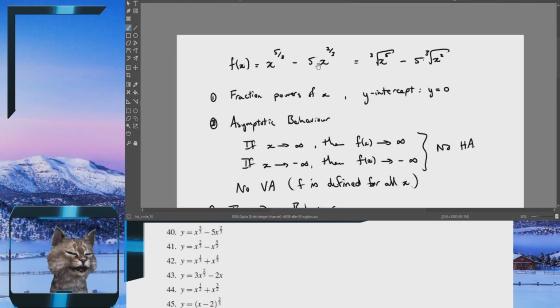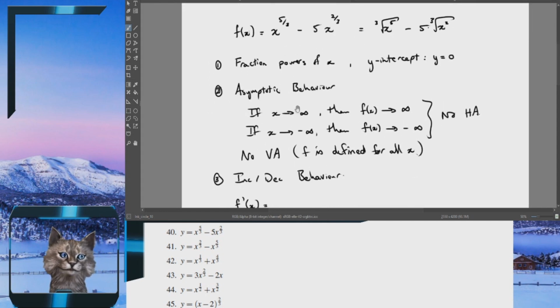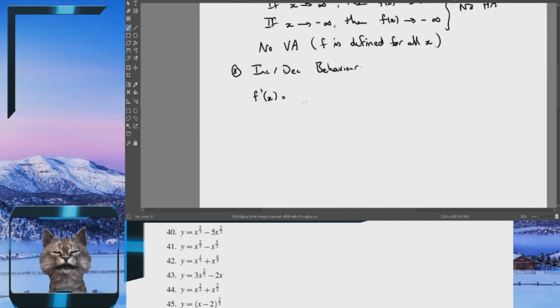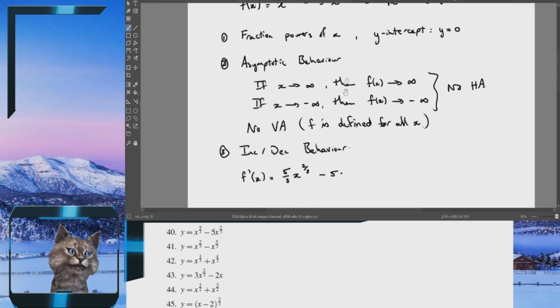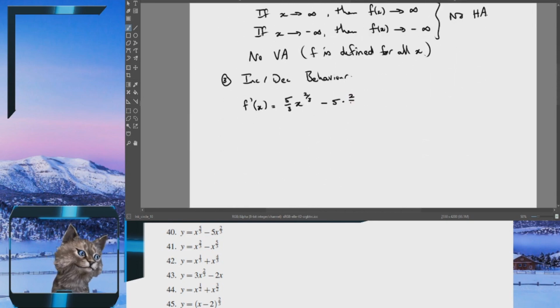Now, that's not a very complicated derivative to find, just the power rule based properties. So it's 5 over 3 x to the 2/3 minus, let's leave the 5 out, 2/3 go in front, x to the negative 1/3.